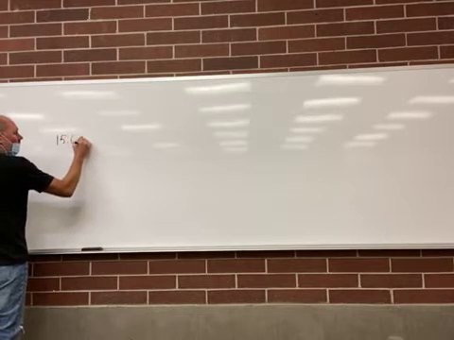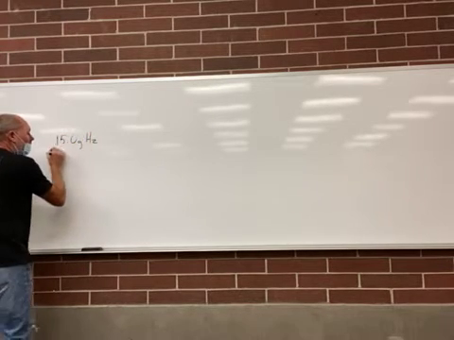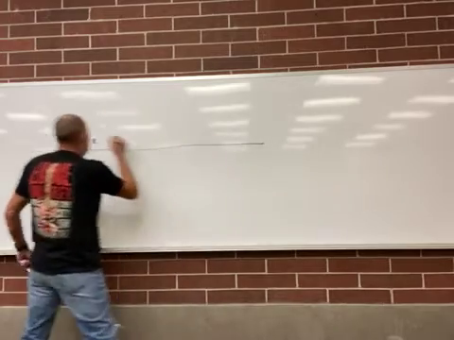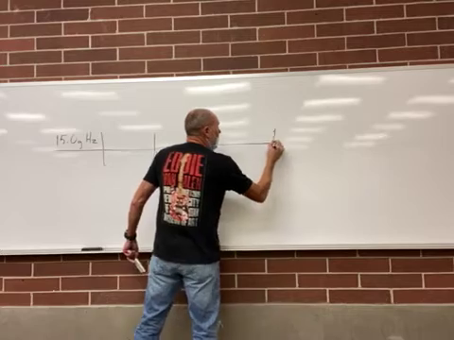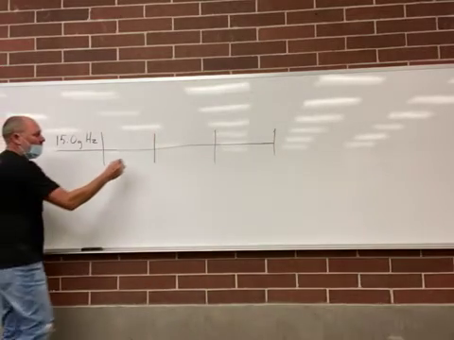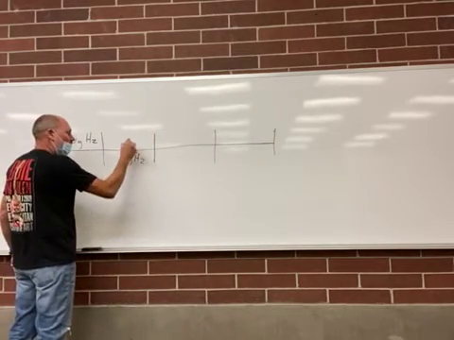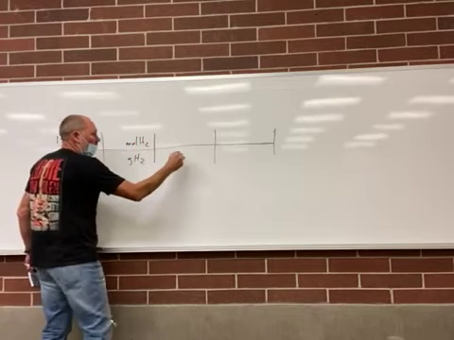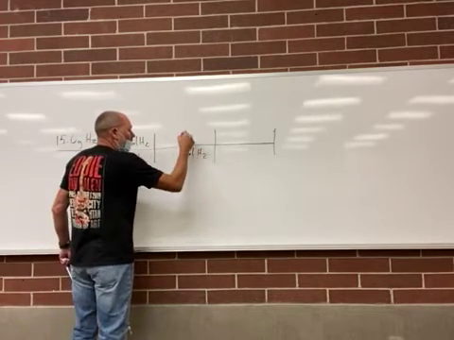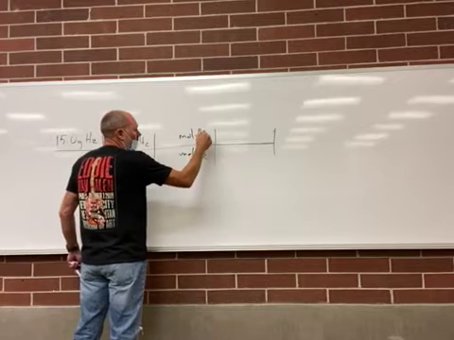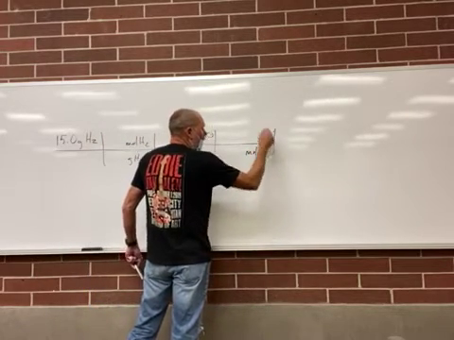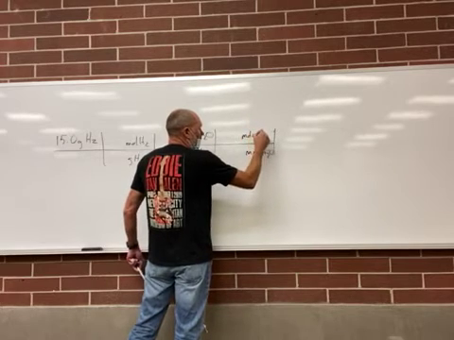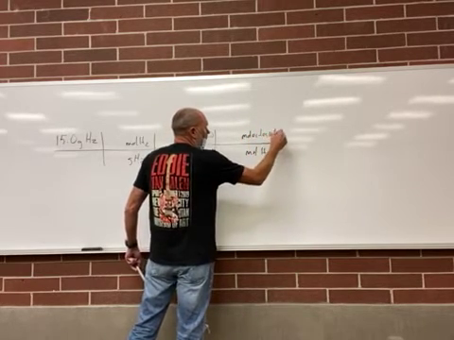If I start with 15 grams of hydrogen, I'm going to have 3 equivalencies. 1, 2, 3. Okay? So grams of hydrogen, moles of hydrogen, moles of hydrogen, moles of water, moles of water, molecules of water.